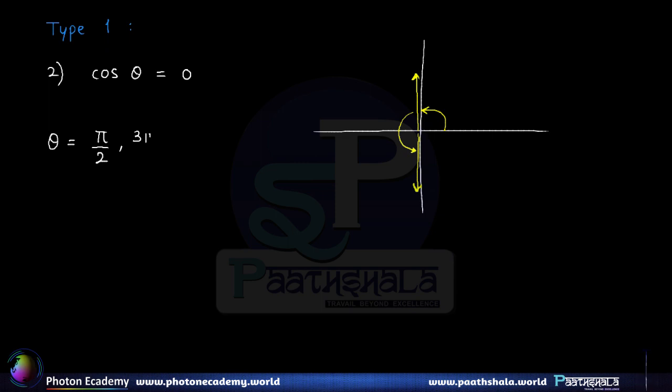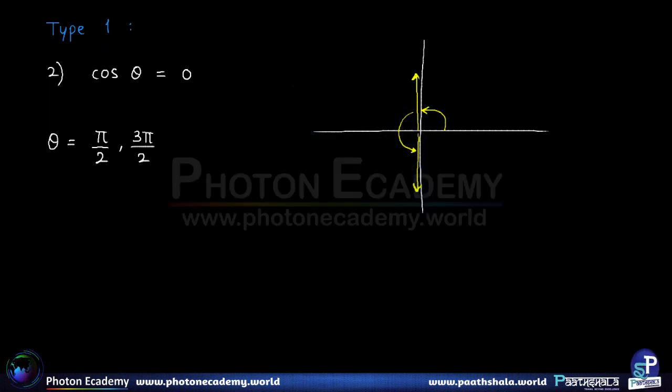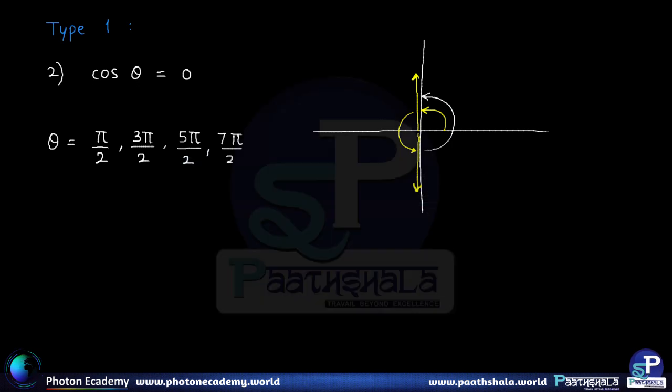So basically it will be all the angles whose terminal arms lie on the y-axis. After 3 pi by 2, we will have the next angle as 5 pi by 2, after which we will have 7 pi by 2 and so on. As we can see here, we are getting the odd multiples of pi by 2.